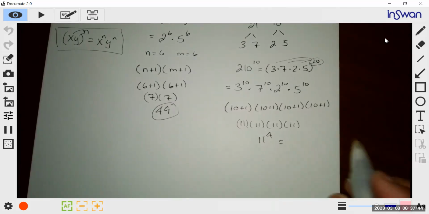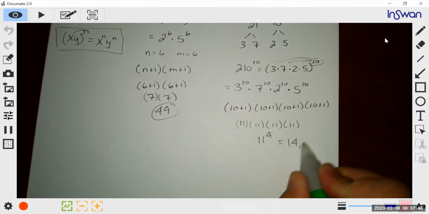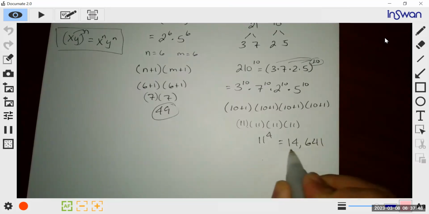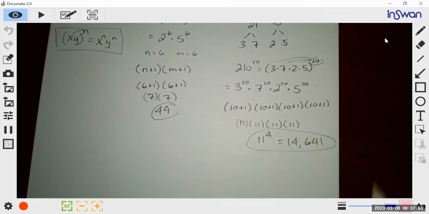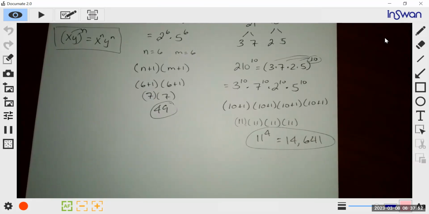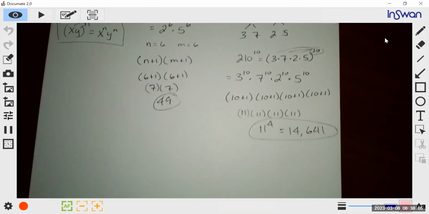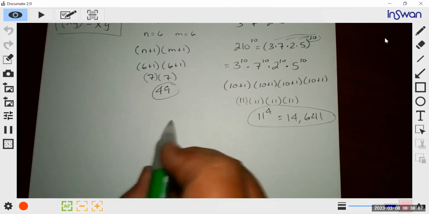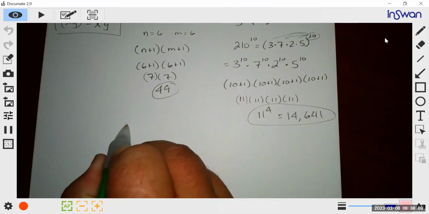I did that, and it was 14,641. So you break the number down to its prime factors, and whatever exponent you had on the original, just push it over. How about if we had something like this?